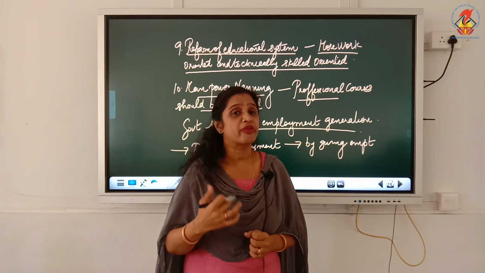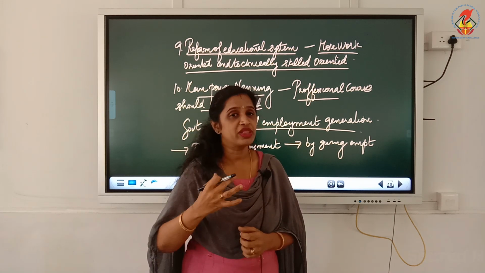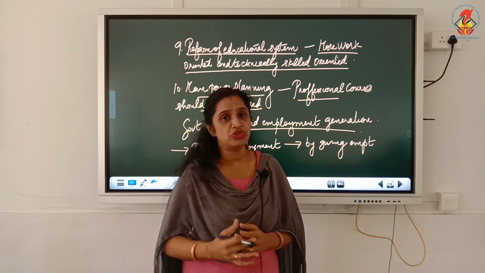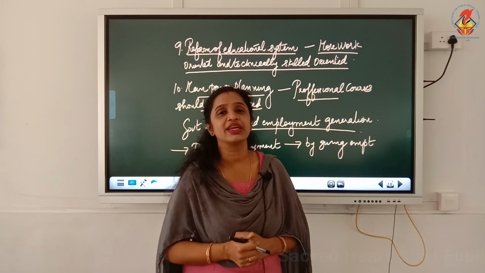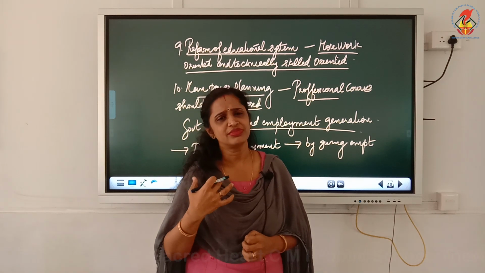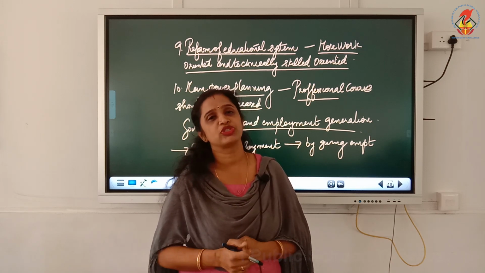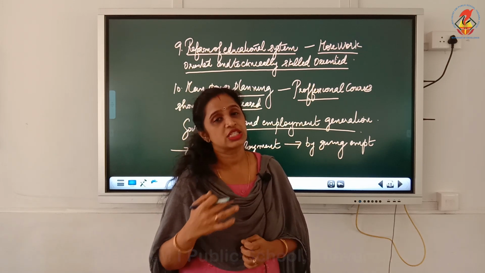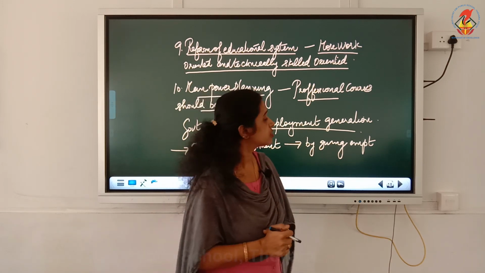So more professional courses, along with professional colleges and institutions, should be increased by the government. More individuals will get employment opportunities, and thus the problem of unemployment can be solved.